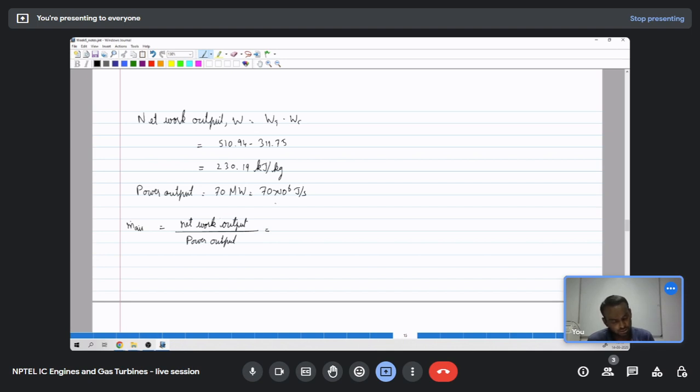Network output is 230.19 divided by power output, which is 70 into 10 power 6.